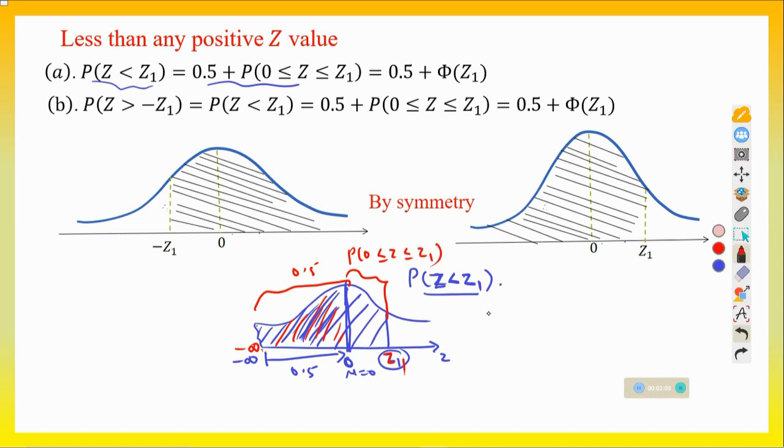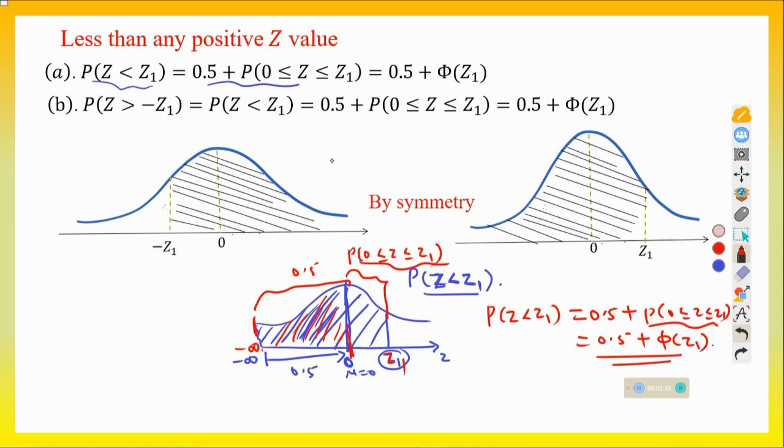So if you need the probability of z less than z1, you simply get 0.5, because we already know from here up to where mu is 0 is 0.5, and you add the probability of 0 less than or equal to z less than or equal to z1. This is the same as 0.5 plus the table reading of z1.